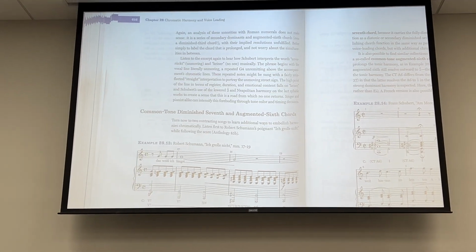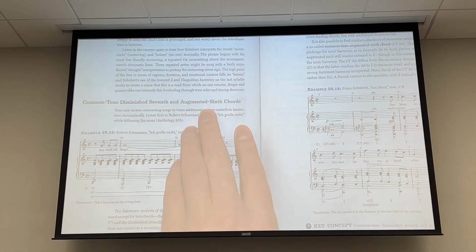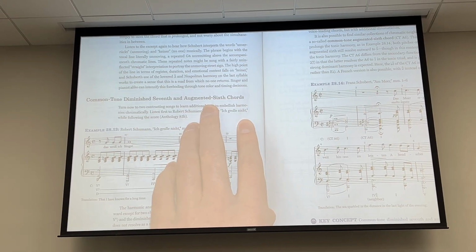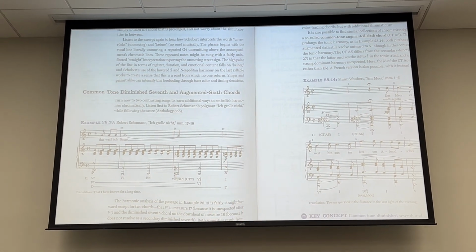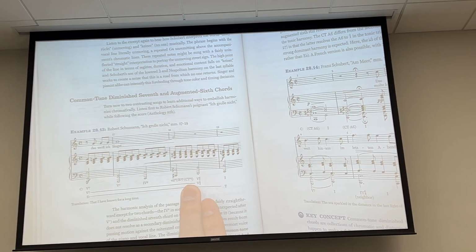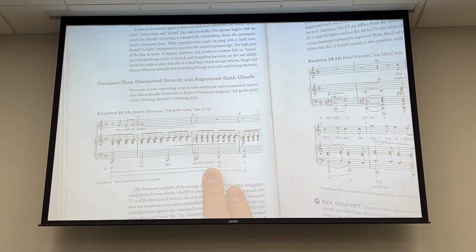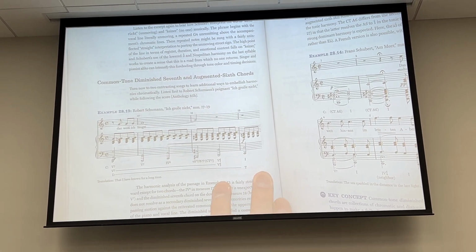Where we start to get kind of fun is the common tone, diminished, and augmented 6 chords. These are not creatively named. The common tone diminished is going to share a common tone with the chords surrounding it, yeah?